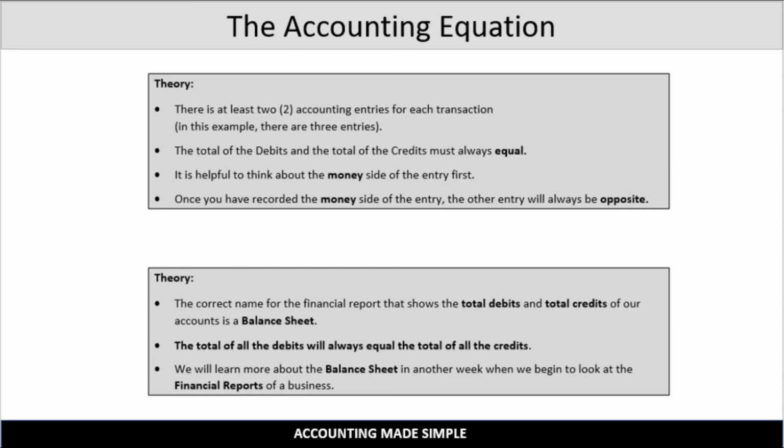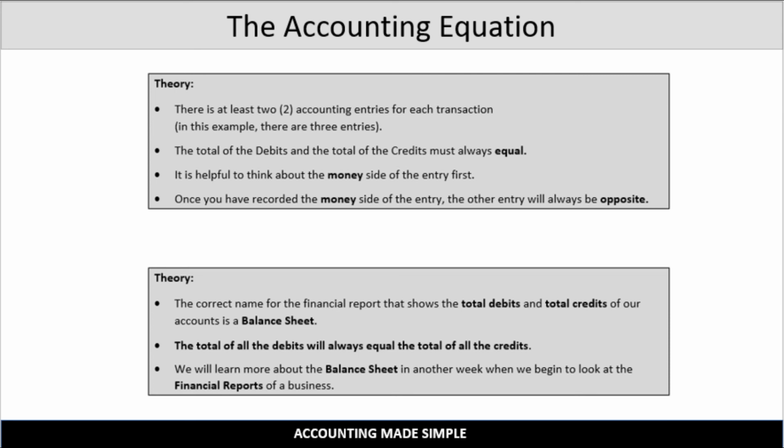There is at least 2 accounting entries for each transaction. In this example, there are 3 entries. The total of the debits and the total of the credits must always equal. It is helpful to think about the money side of the entry first. Once you have recorded the money side of the entry, the other entry will always be opposite.